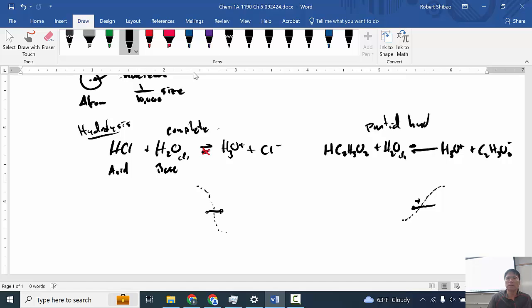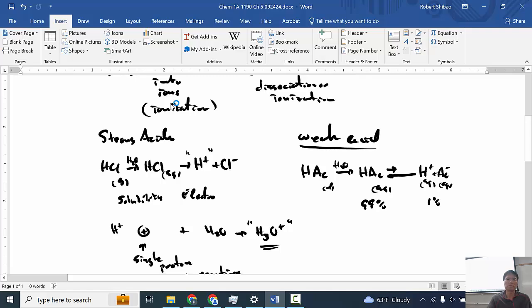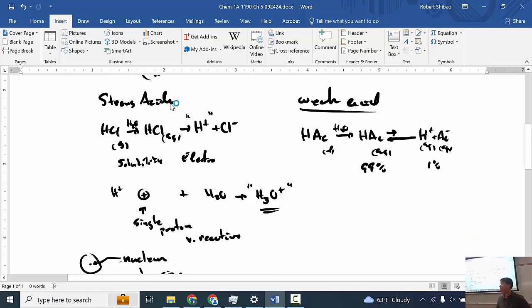Now, we know that the hydronium is much more stable than the hydrogen ion. And so when I look at the ionization reaction up here, where HCl ionizes into H plus and Cl minus, it's the same thing as the hydrolysis because the H plus is not going to stay like that.